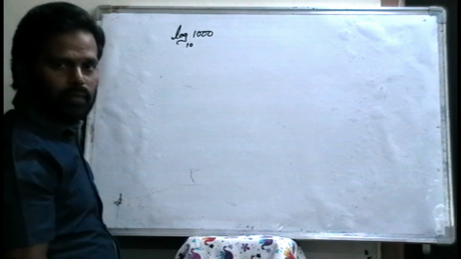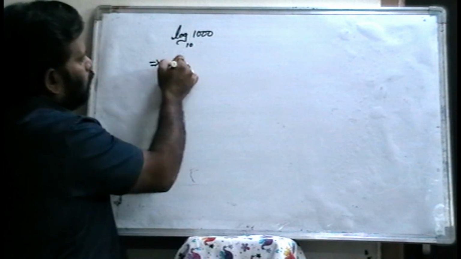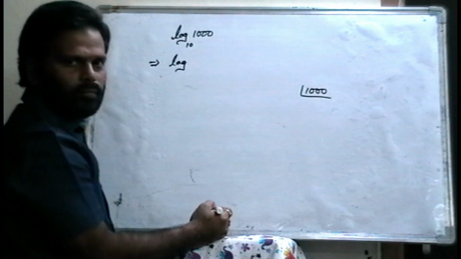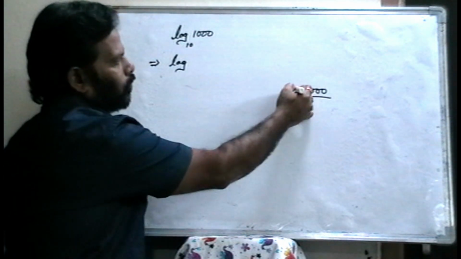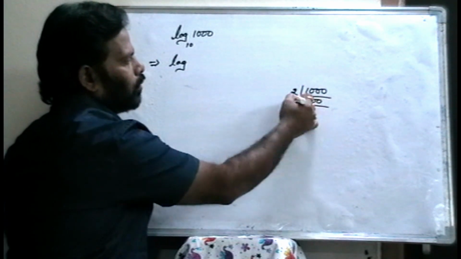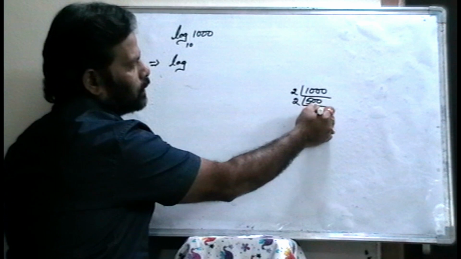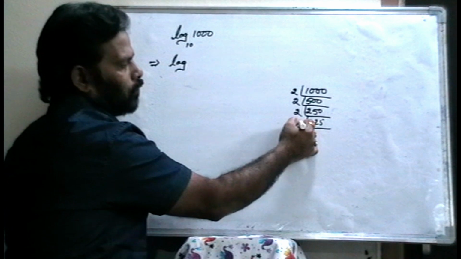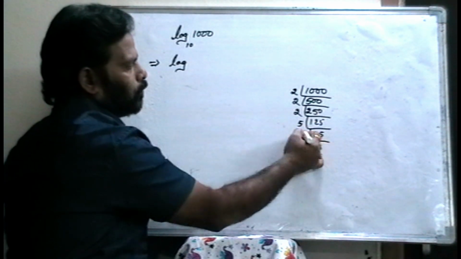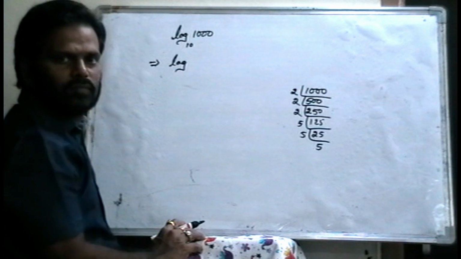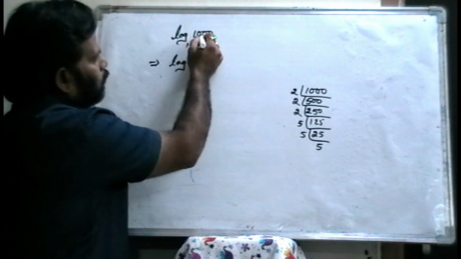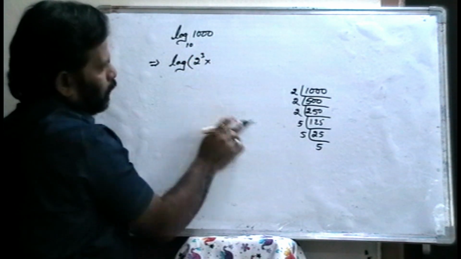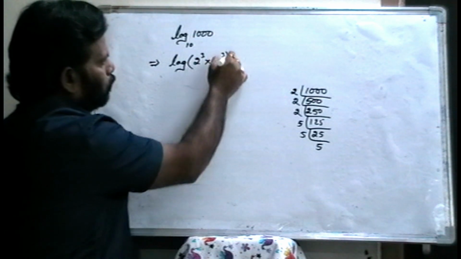Log 1000 to the base 10. 1000 we can divide into prime factors: 2 500s, 2 250s, 2 125s, 5 25s, 5 5s. So 1000 divided into prime factors we can write as 2 into 2 into 2, 2 cube, into 5 into 5 into 5, 5 cube, to the base 10.